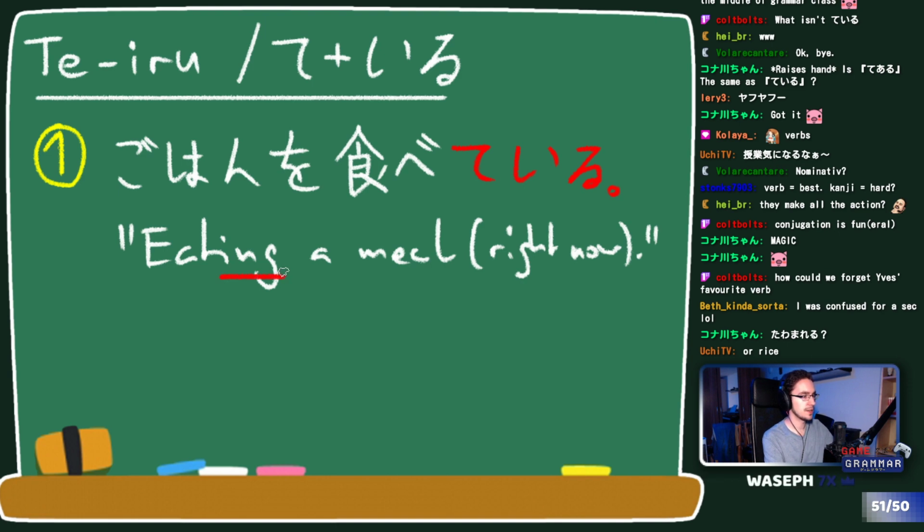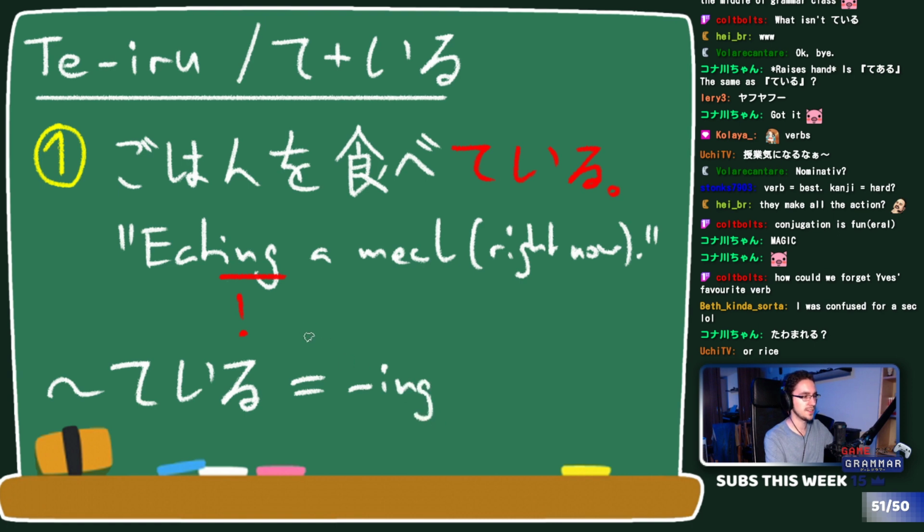Now, I want to point out, this is a bit of a red herring with the ing, because thinking this is true, te-iru equals ing, now, this is really bad. I do not like this.